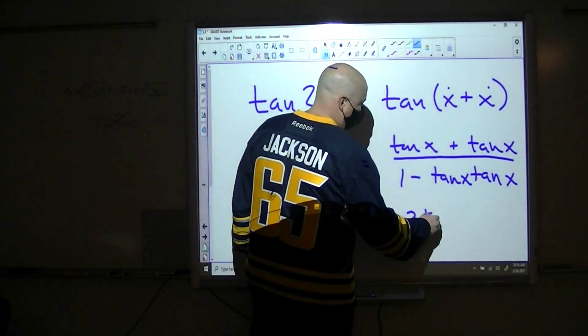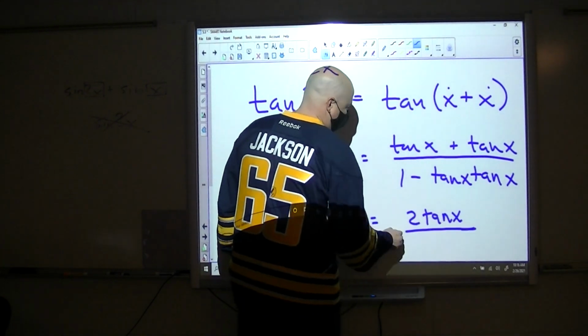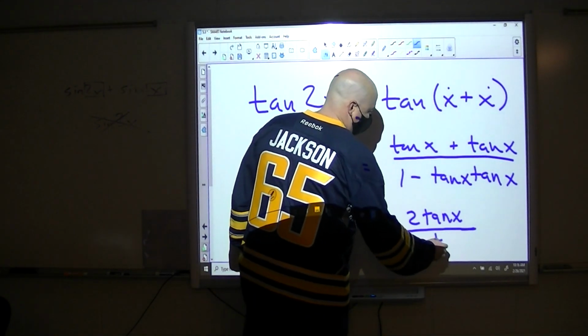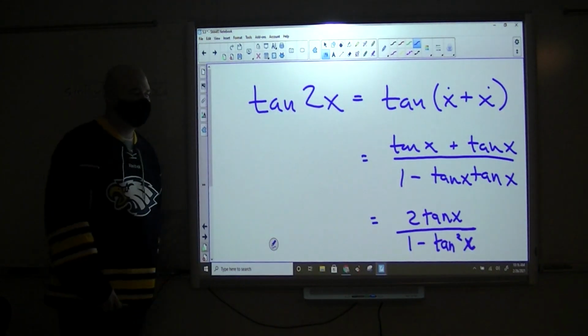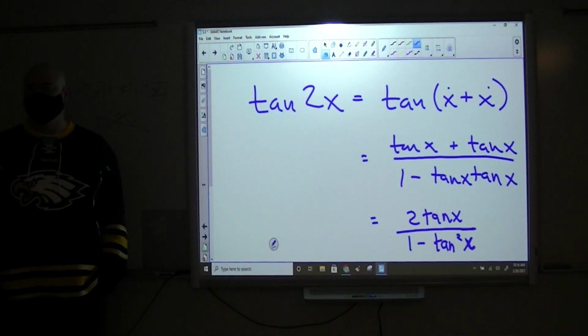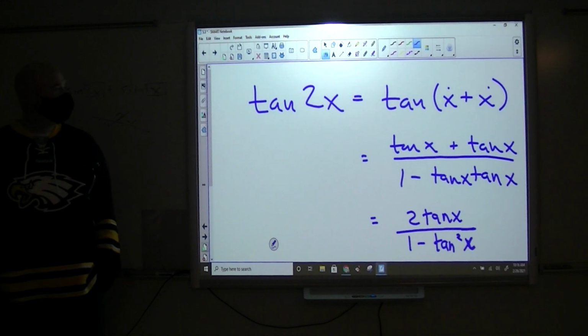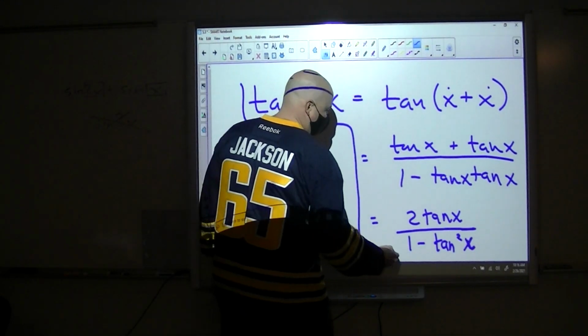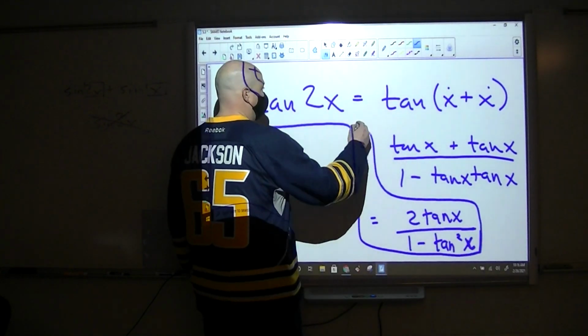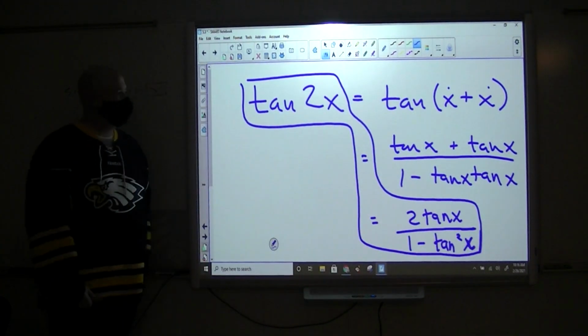So we get 2 tan x over 1 minus tangent squared x. Everybody okay with that? So here's what you would substitute in place of tan 2x.